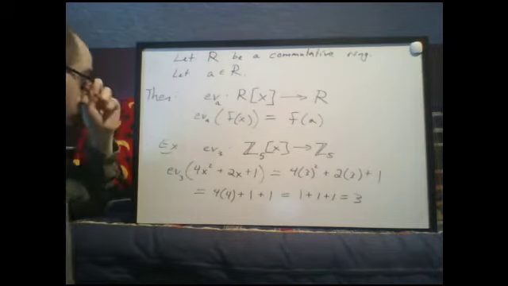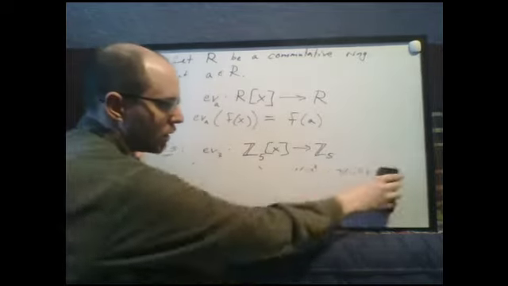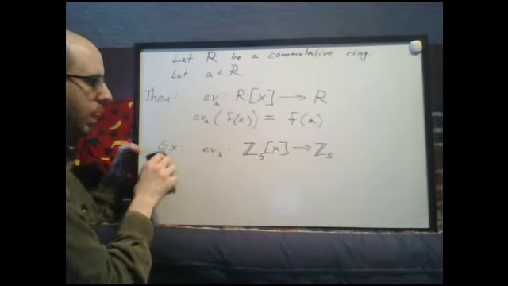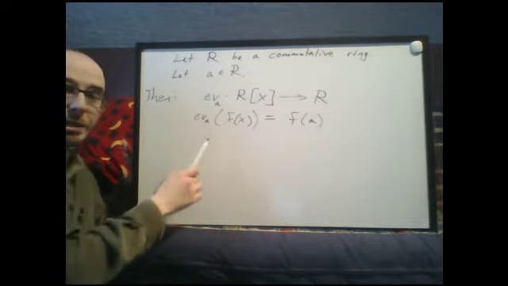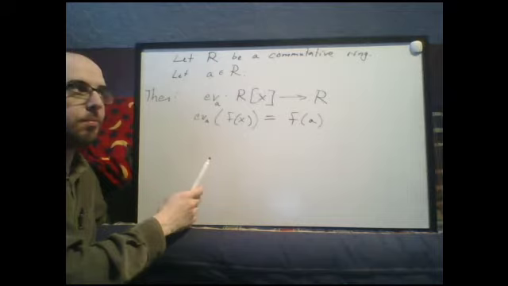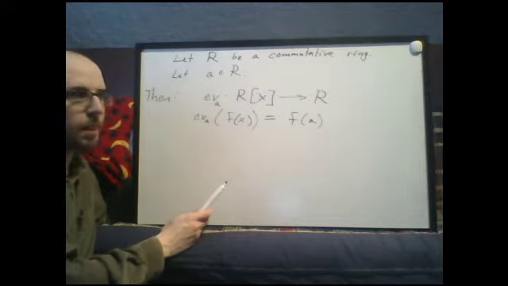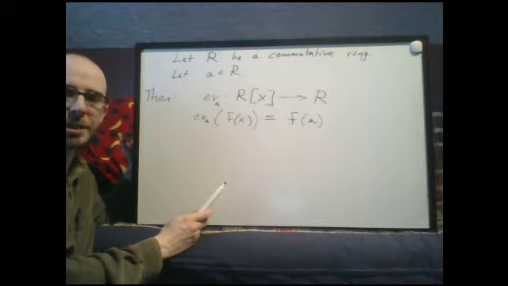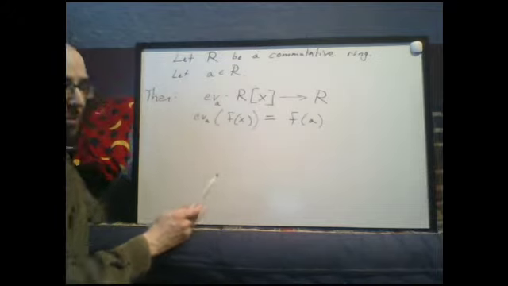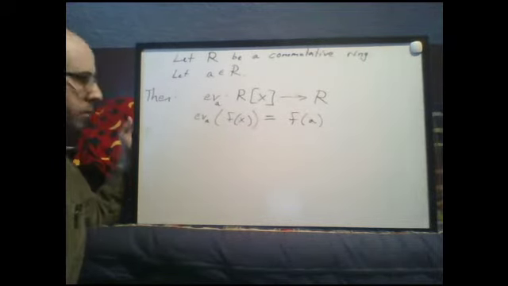Okay, but my real reason for doing this is to make it clear why this is going to be a ring homomorphism. Addition is easier than multiplication, so let's focus on multiplication because that's the new stuff. Addition is just combining like terms, and you don't have to really convince yourself of that.